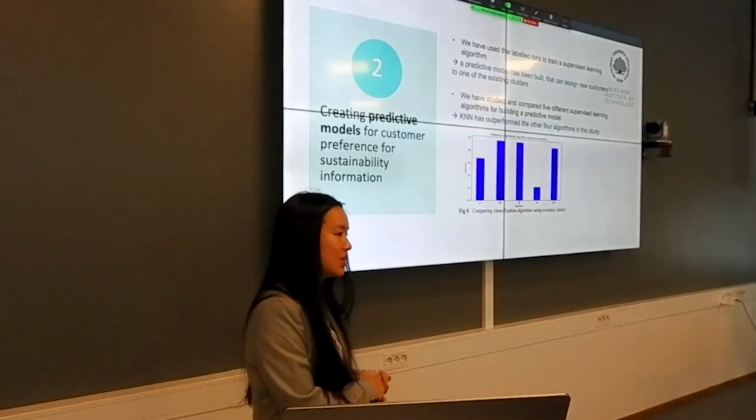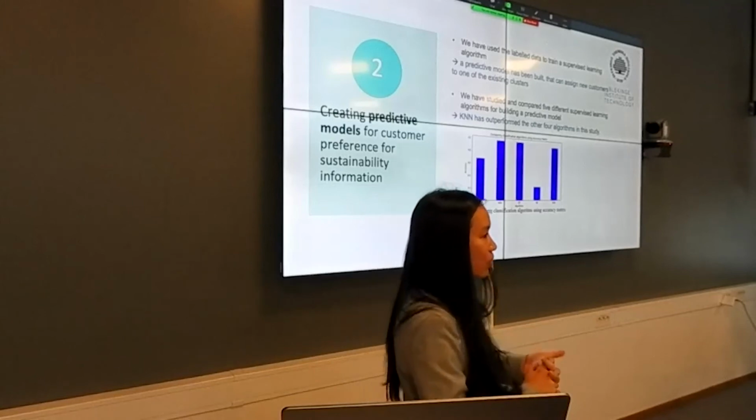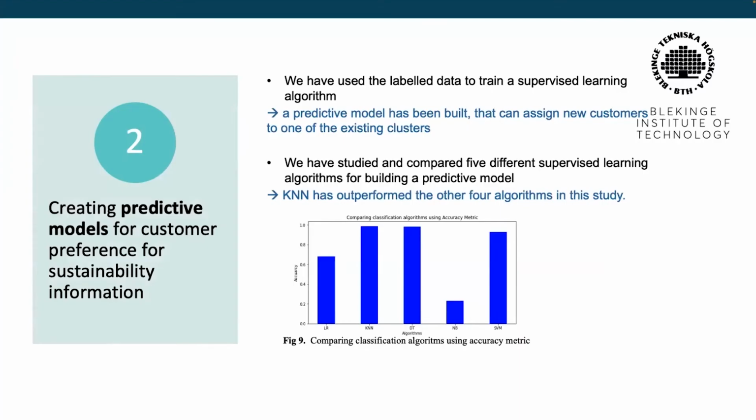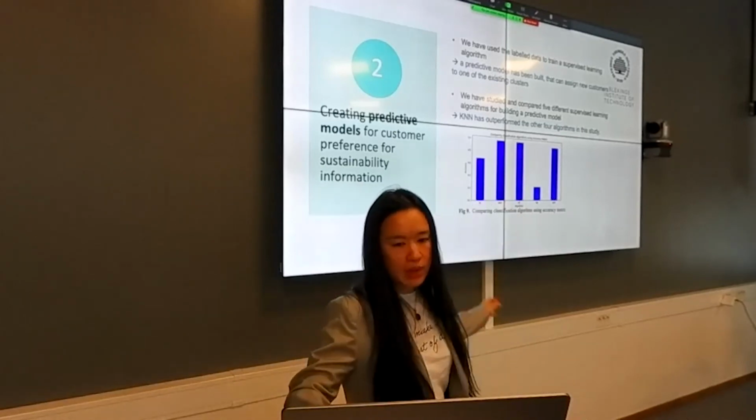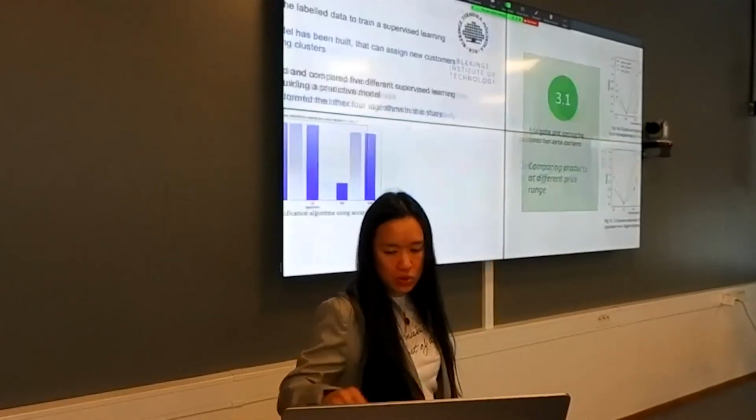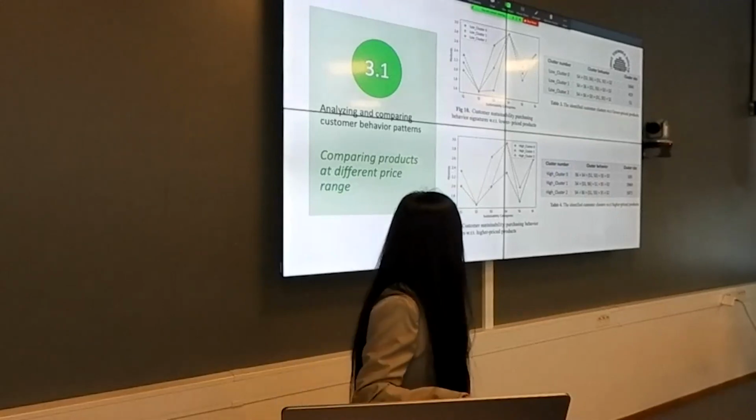And what it can do is basically that if you now show me a new customer that we have never met before, but because I know the basic information, where they come from, for example, then I can already guess which type of purchasing behavior or preference that customer has. So this is what we have done, but I can't show you the algorithm, which is like some programming code. And this bar chart shows that we have compared different techniques to choose KNN as the most reliable one.